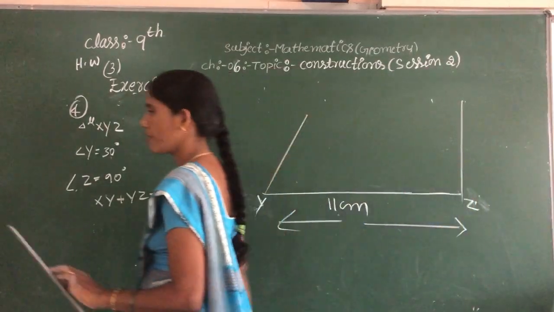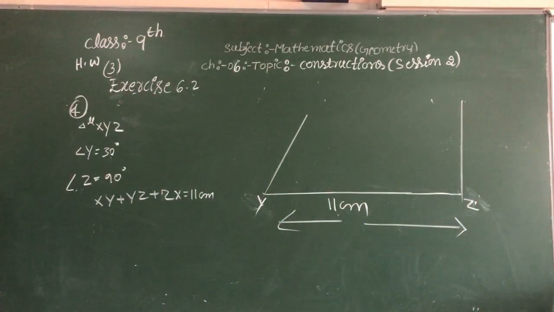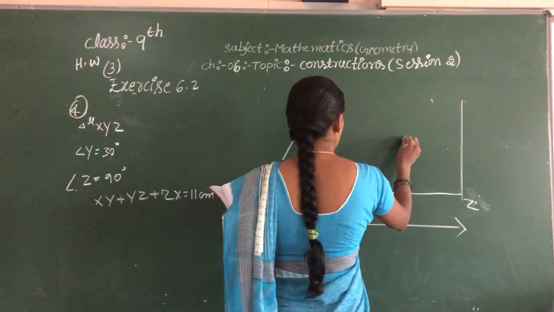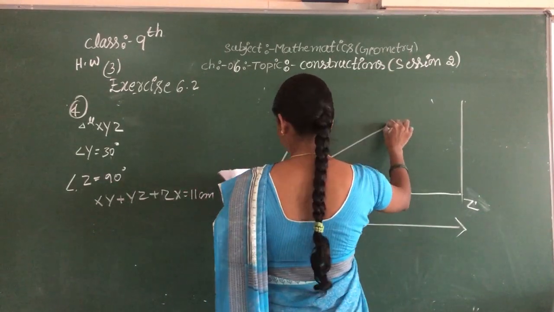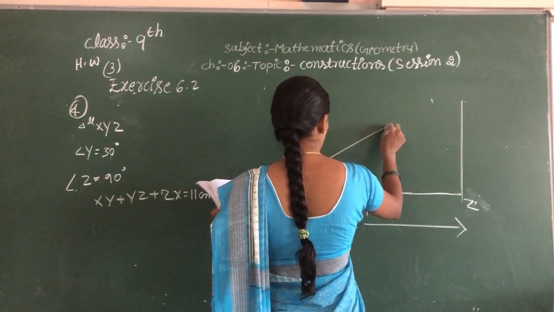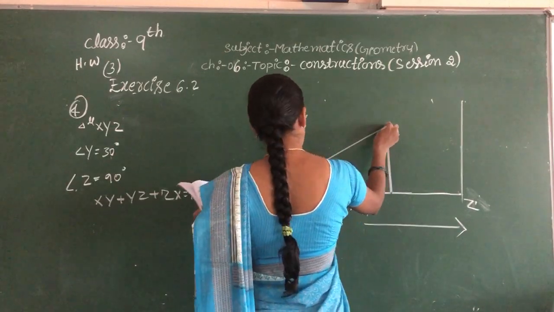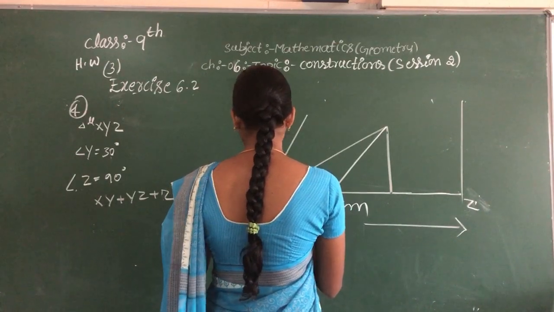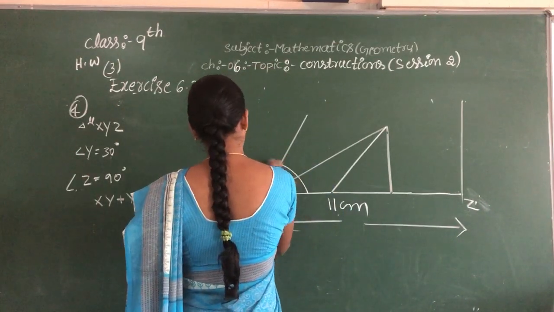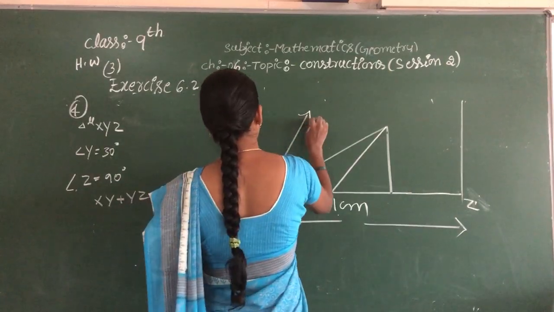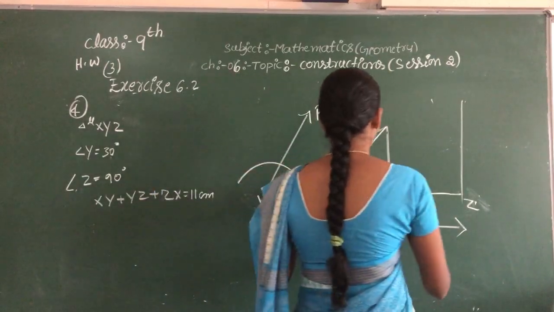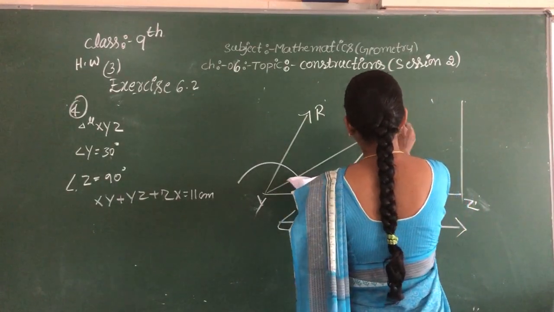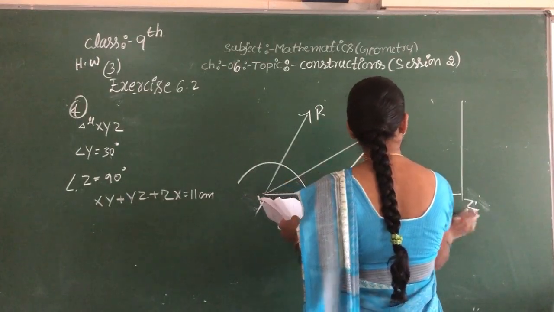Okay, this is one straight angle. Now next, we should draw this straight angle. Okay children, now next cut that. We should name this R, this is X, Y, Z, this is PQ.